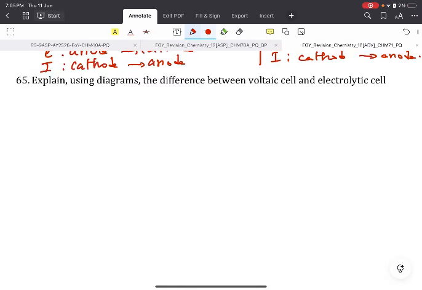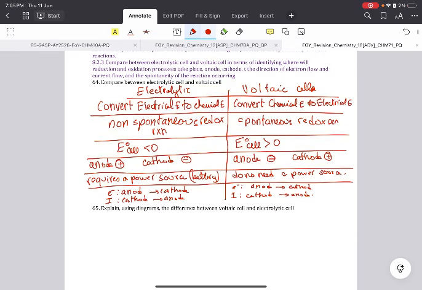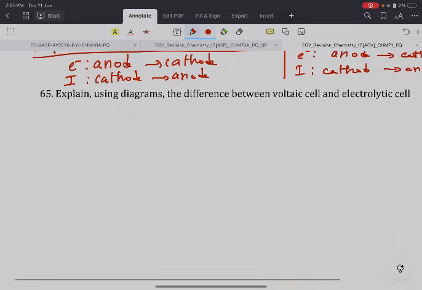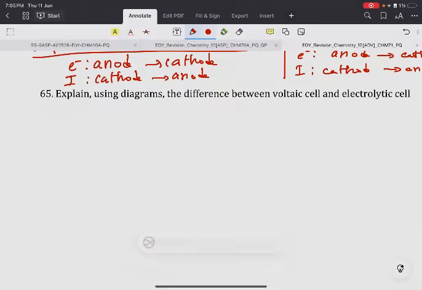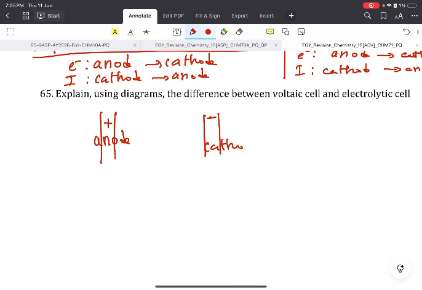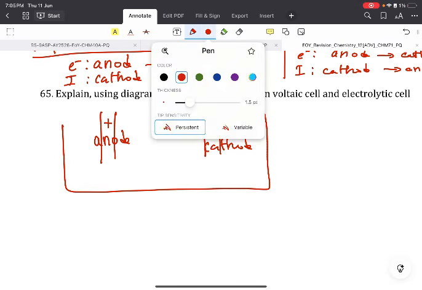Now I'm just gonna look at the figure written in the focused questions. It is showing exactly all the differences I mentioned over here, except that in the electrolytic cell, if this is the anode and this is the cathode, I'm talking about electrolytic, and here's the medium.